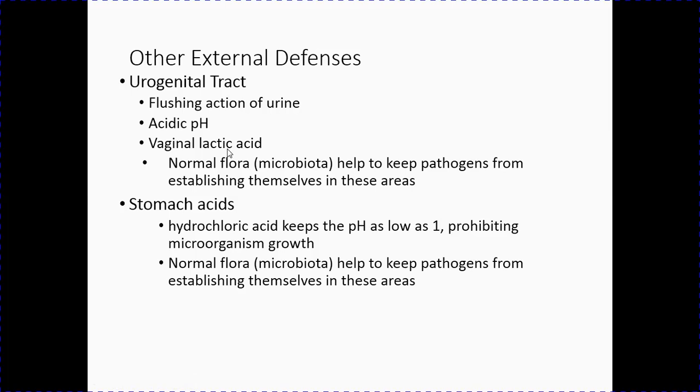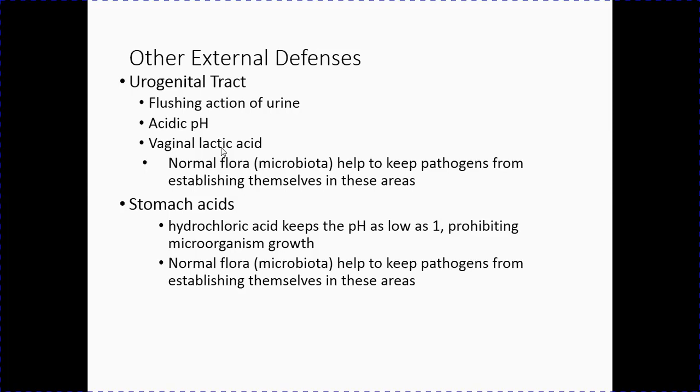And so what happens? The first thing we do is we create a really acidic pH. We see lactic acid, for example, creates a really acidic pH, and that's that inhospitable environment for pathogens.